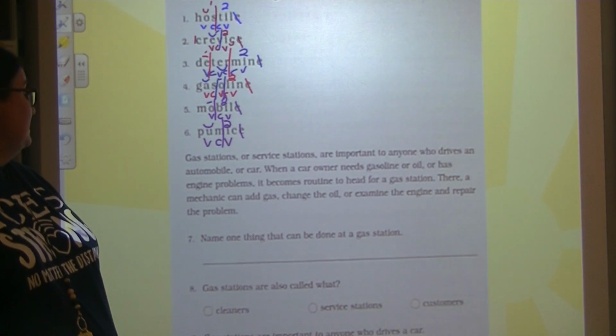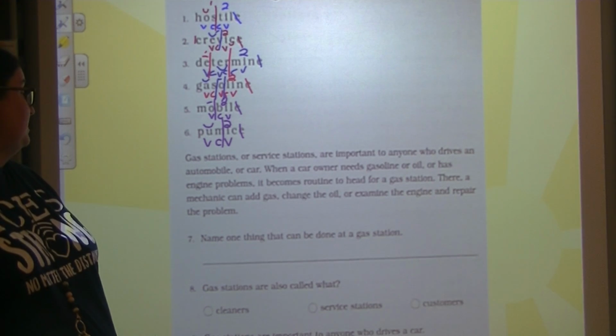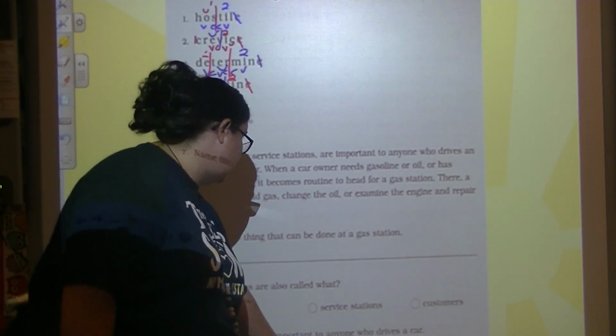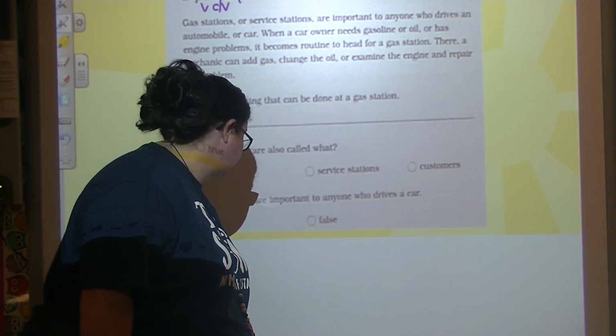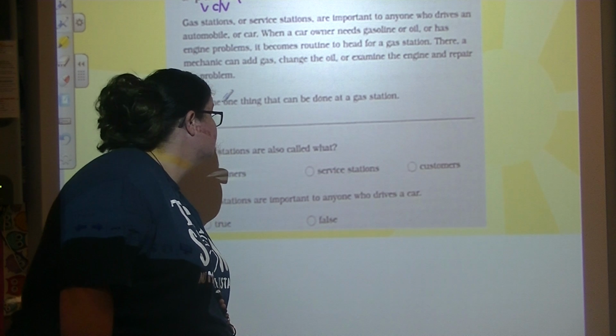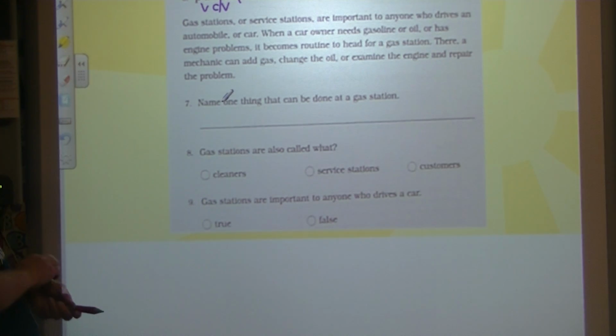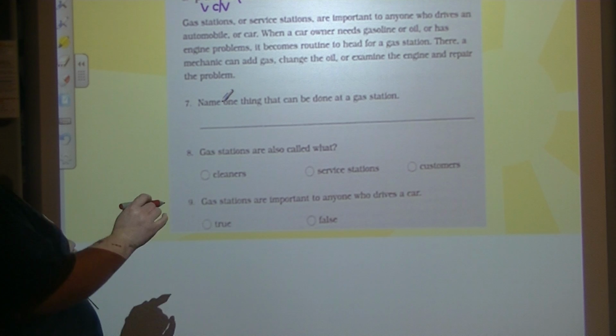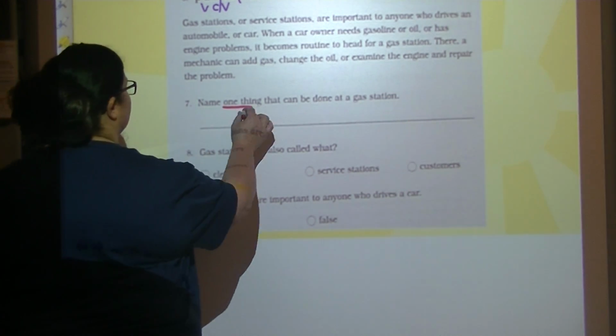Number 7, name one thing that can be done at a gas station. All right, so it tells us to name one thing.